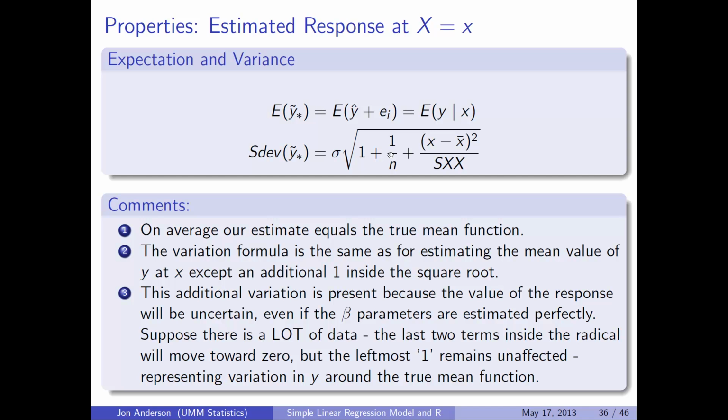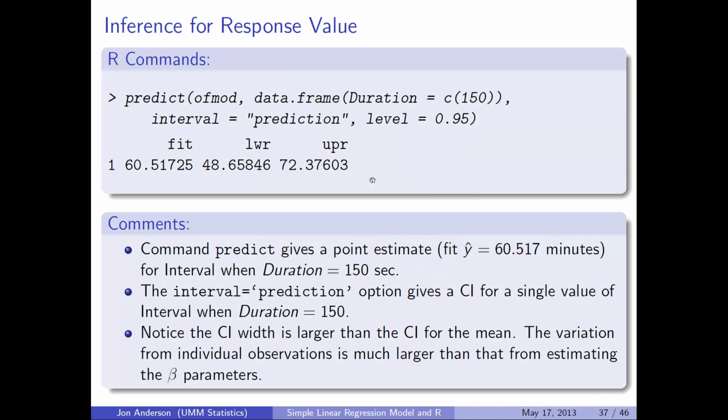That comes from the fact that when you factor sigma inside, you have an extra value of sigma squared going on in the data generating process. And so the standard deviation for an individual value of y is always going to be a little bit bigger than the uncertainty for just estimating the mean function.